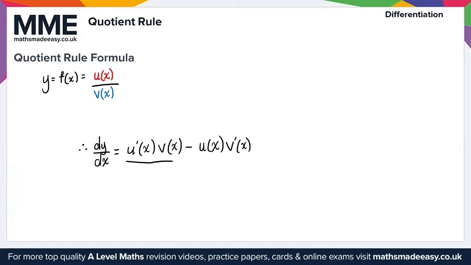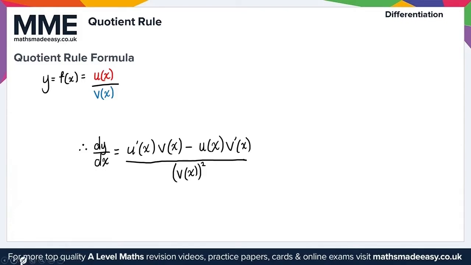And this is all divided by v of x all squared. So write that as v of x all squared as follows.